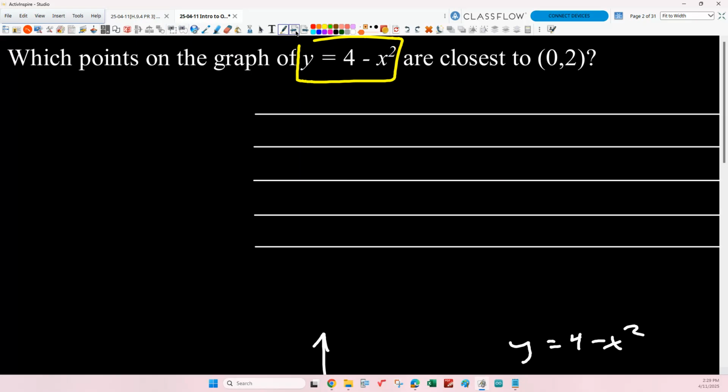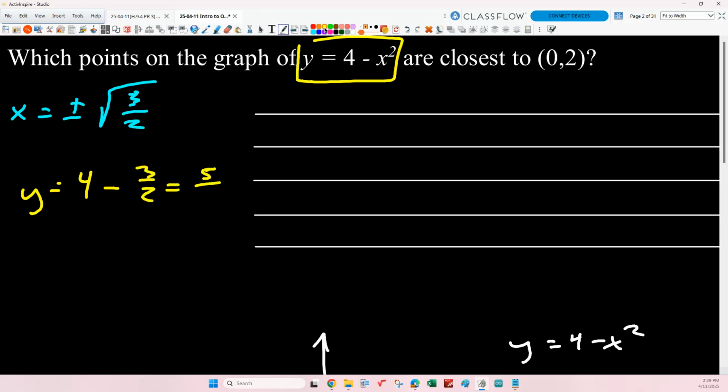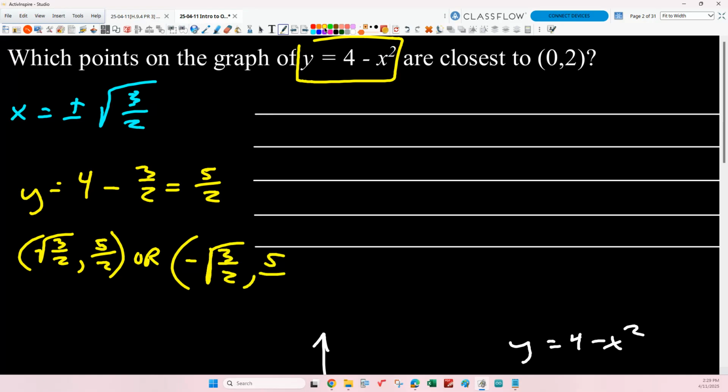I guess let's do that, huh? We probably should do that. So y, so we get the point square root of 3 over 2, 5 halves, or the point negative square root of 3 over 2, 5 halves.